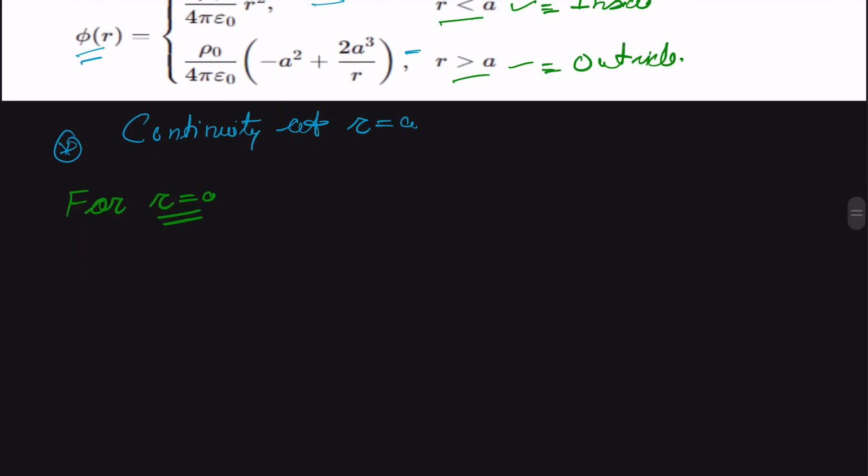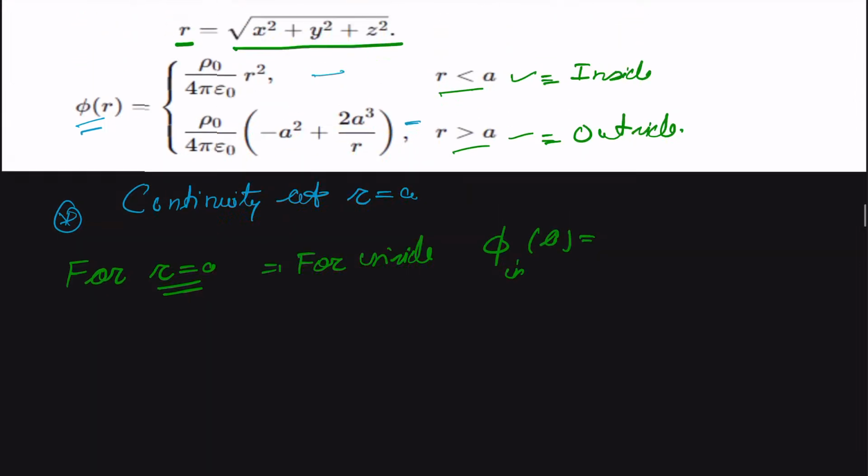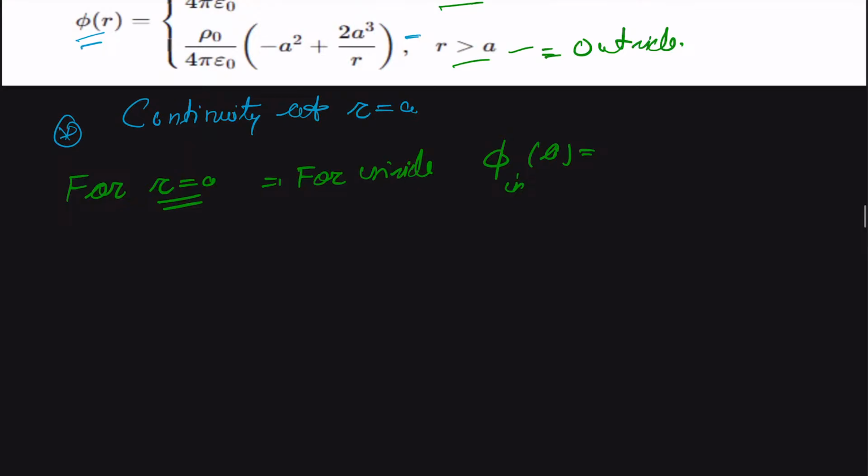So for r is equal to a, for inside, we can say that our potential at a distance a, we simply substitute r is equal to a. So we get this as rho naught over 4 pi epsilon naught, and this is our a square.